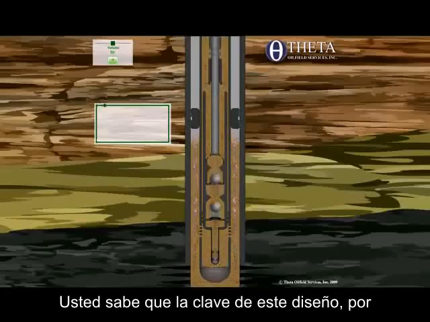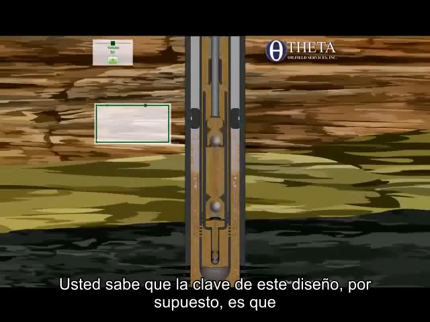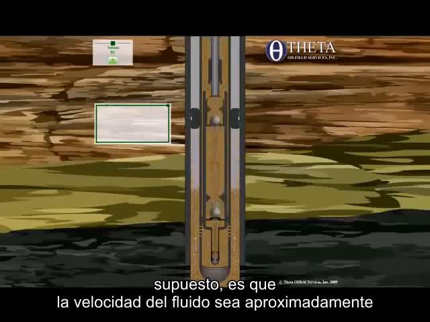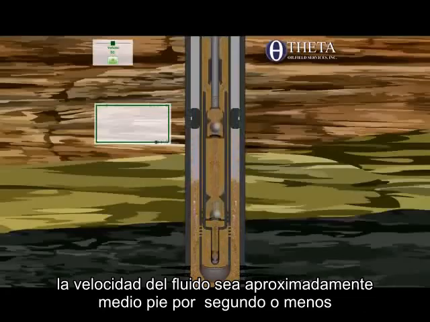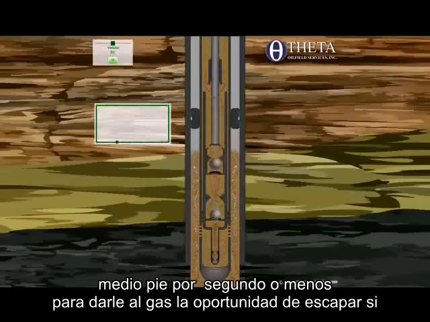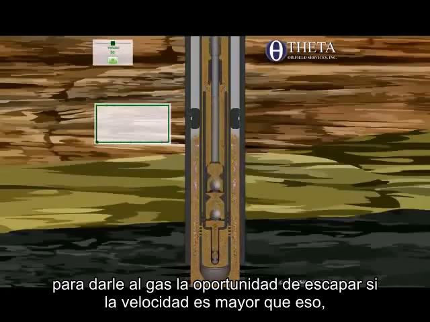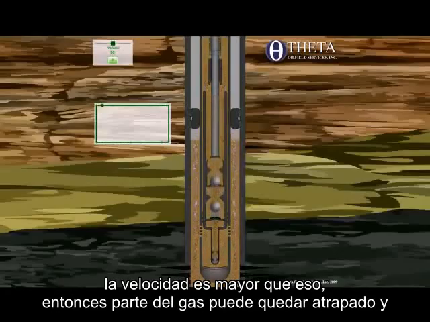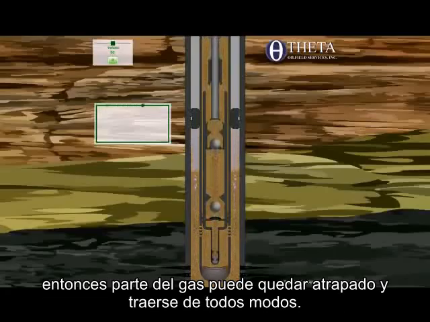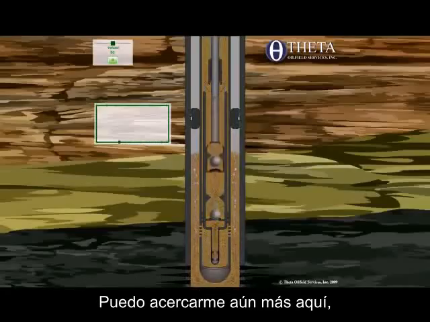The key to this design, of course, is to have the speed of the fluid be about 0.5 foot per second or less to give the gas a chance to escape. If the speed is higher than that, then some of the gas can be trapped and brought in anyway. I can zoom in even more here.